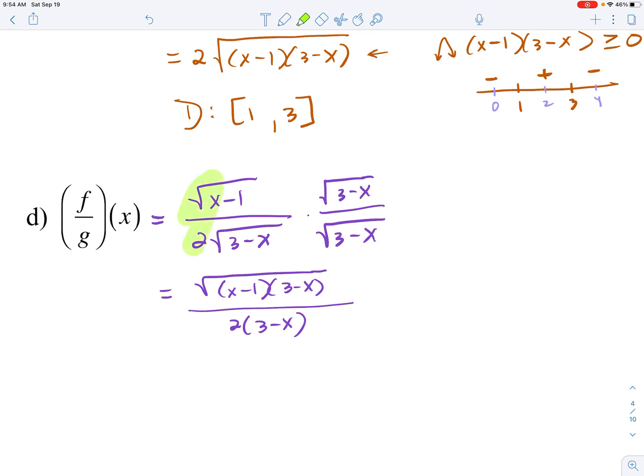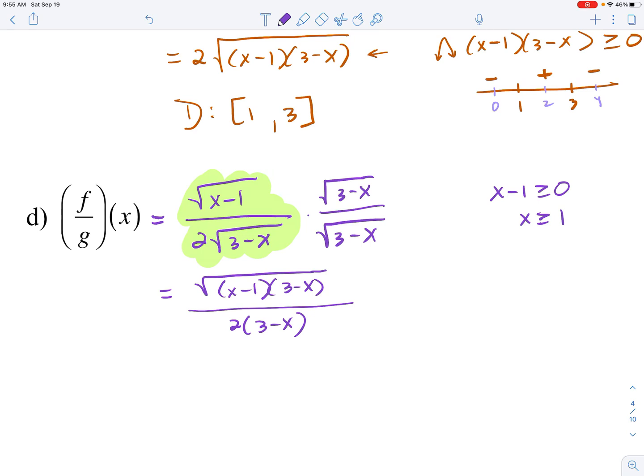Looking at that first representation of f divided by g, that's what I'm going to use to help me determine what the domain of this new function is. I know that x minus 1 would have to be greater than or equal to 0, so x has to be greater than or equal to 1.